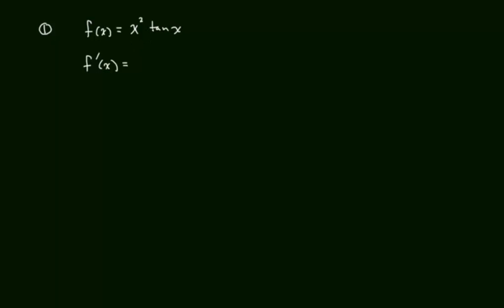So we have a product here, so I'm going to use the product rule. First term times the derivative of the second plus second term times the derivative of the first. So we have x squared times, if I've committed this to memory, secant squared of x, I know the answer, plus tangent of x times 2x.